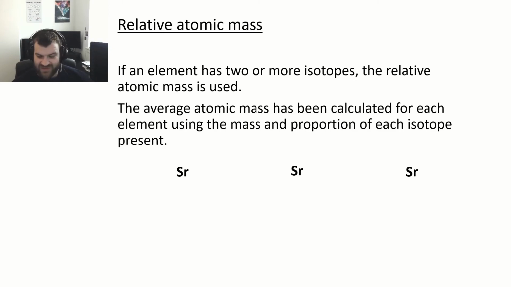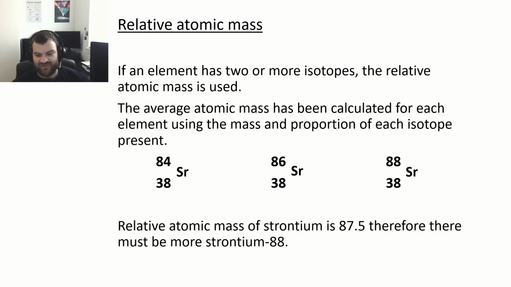If we go back to the strontium example that we talked about previously, the relative atomic mass of strontium is 87.5. And what this means is that whichever of the three versions is closest to the average, that is the most common version. So 87.5 is closest to 88, therefore our strontium 88 is the most common version.